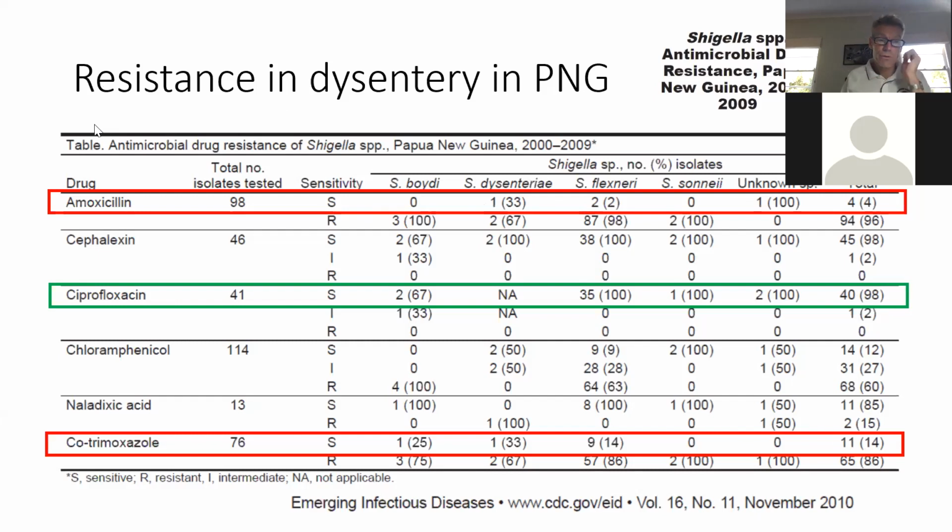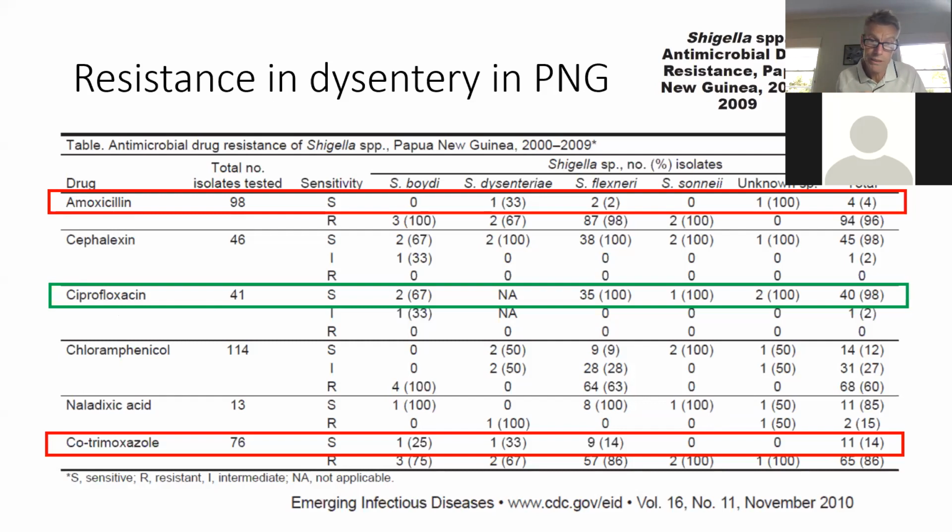And that's why a few years ago, the standard treatment was changed from using amoxicillin or cotrimoxazole for dysentery to using ciprofloxacin. So again, we have to be very careful about the use of ciprofloxacin, and we have to only use it for certain infections like dysentery.